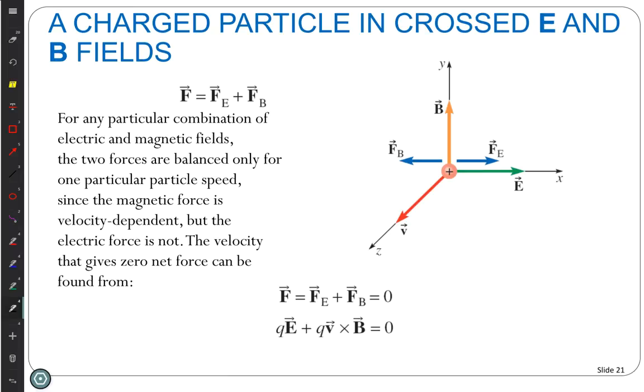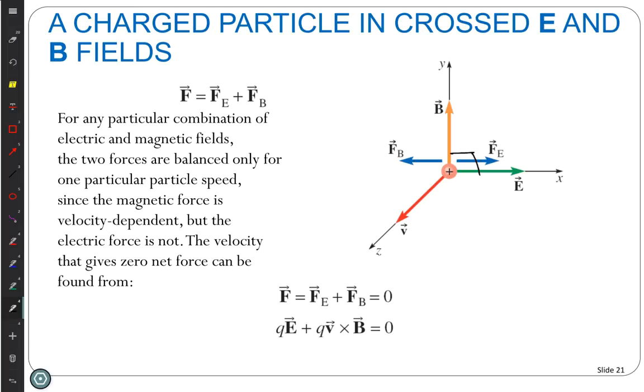And if you have it moving with the magnetic field and the electric field perpendicular to each other, then you will have the force of the electric field and the force of the magnetic field also, well, not perpendicular now, but opposite each other. And that allows us to do something cool.